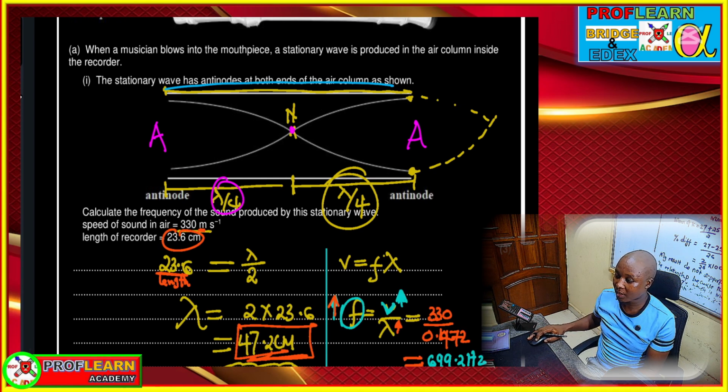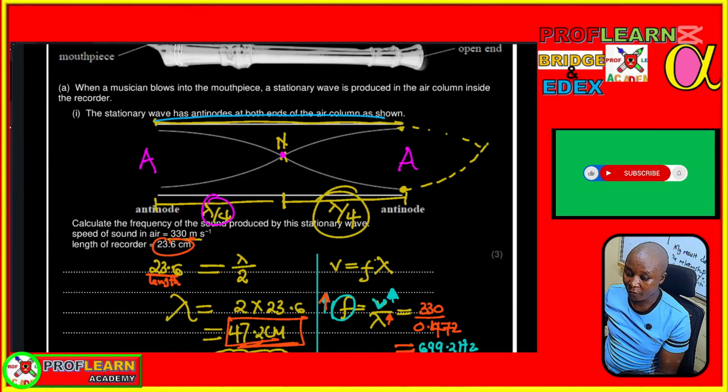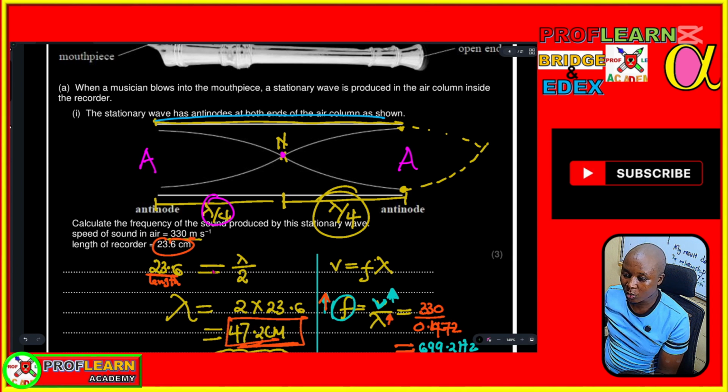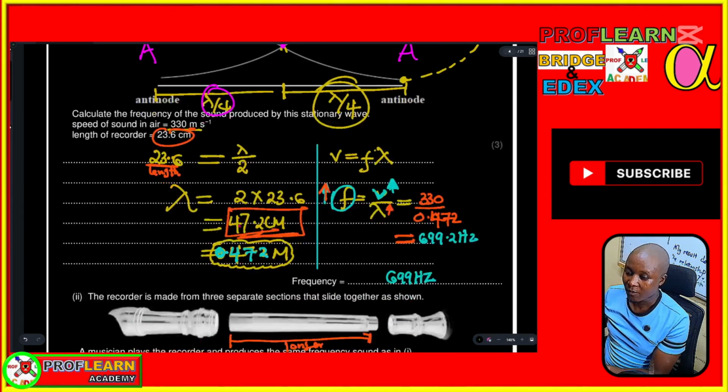That is something we have to take into consideration. So for that reason, we can say that 23.6 equals half a wavelength. If we want the wavelength, we multiply by 2, so 2 times 23.6, and that translates to what?